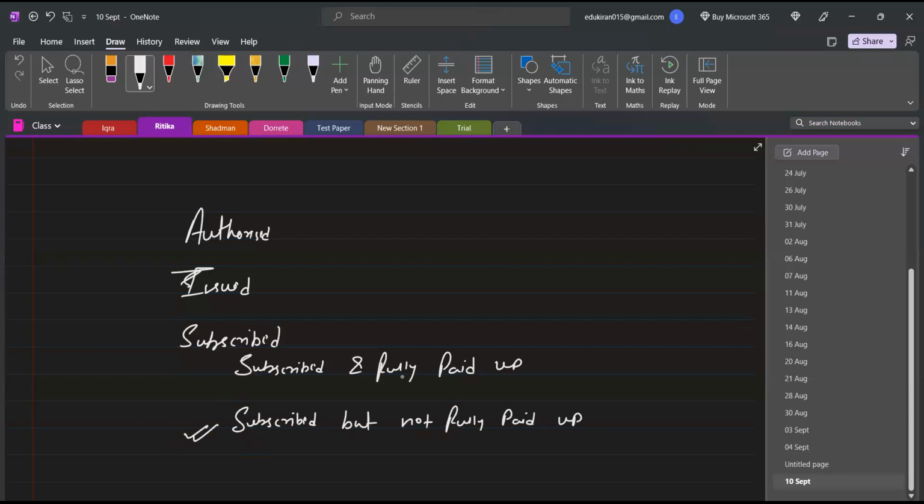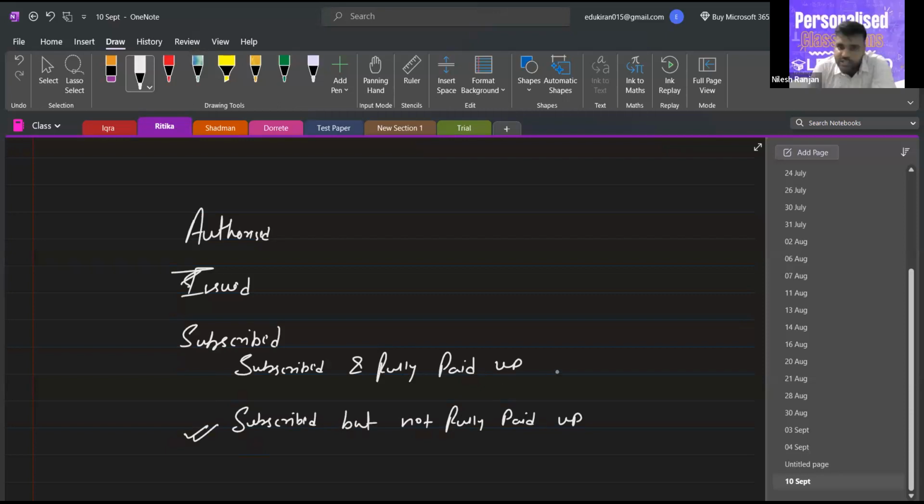Yes, sir. We will write shares in this category only if fully called up and fully paid up. If both these conditions are fulfilled, then we can include the shares in subscribed and fully paid up.